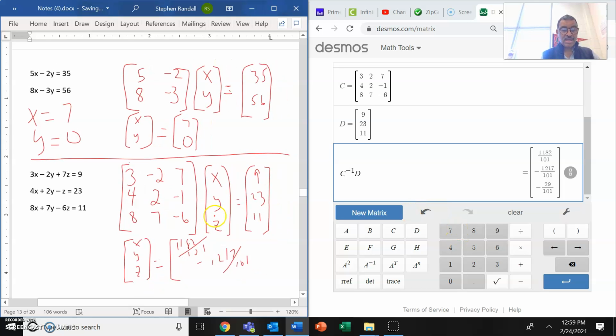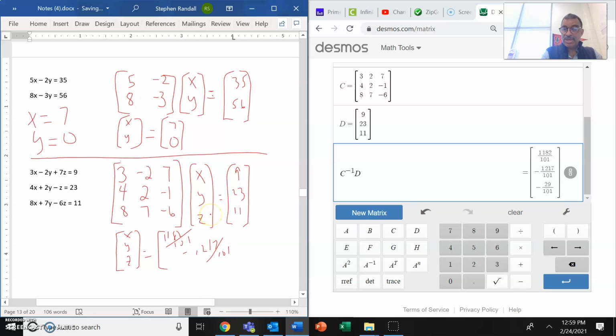And my third number is -29 over 101. So x equals 1182 over 101. y equals -1217 over 101. And z equals -29 over 101.